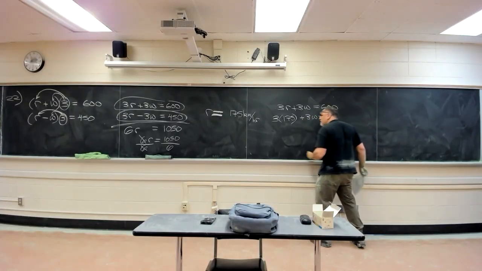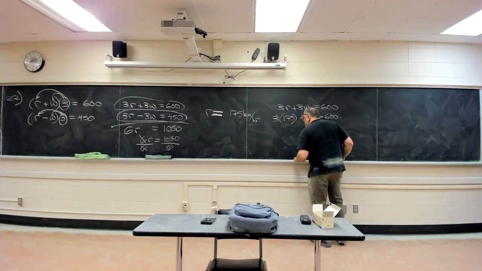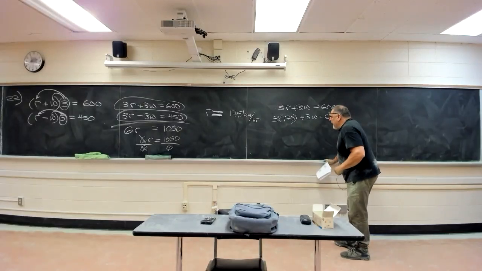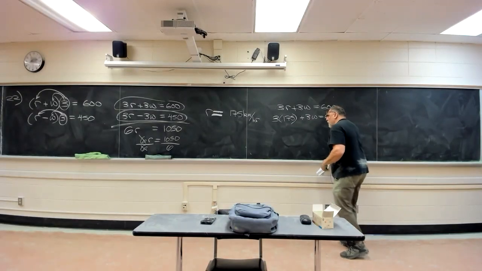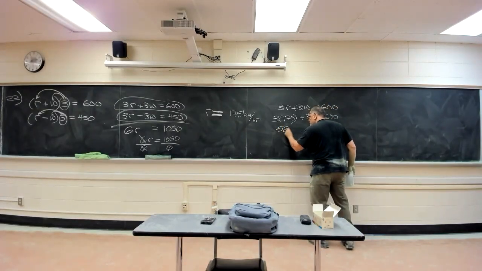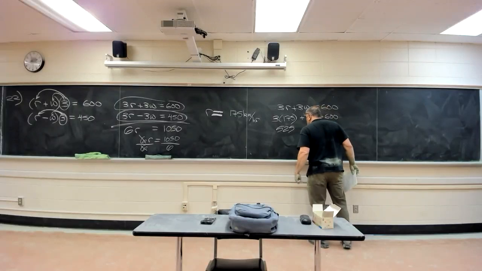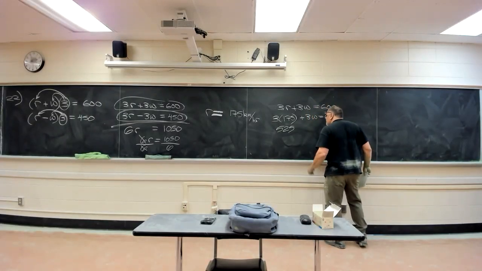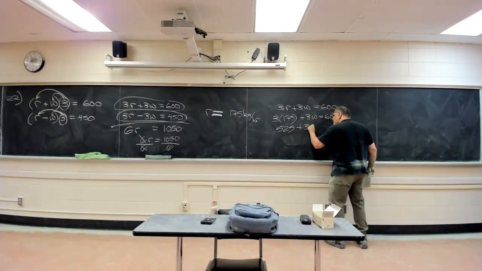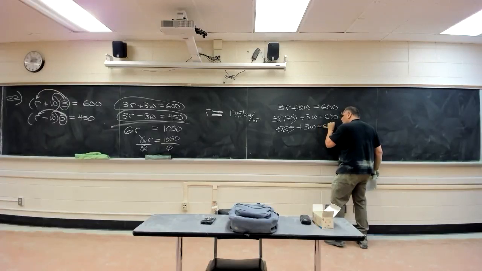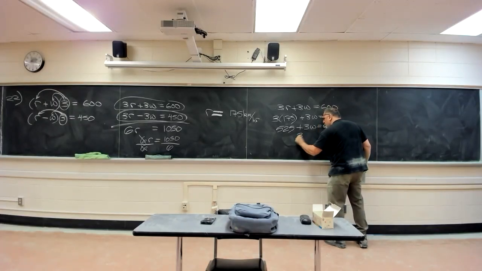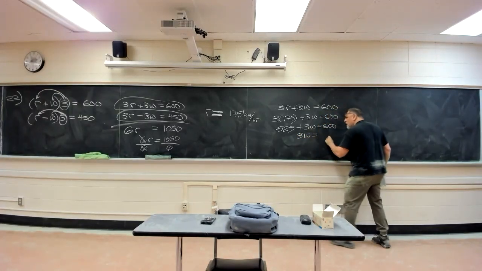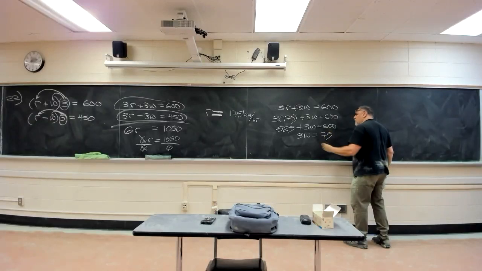Let's figure it out. 3 times this is going to be 525. Let's make sure that's right. Yeah, sure looks like it. Subtract 525 on each side, you get this.